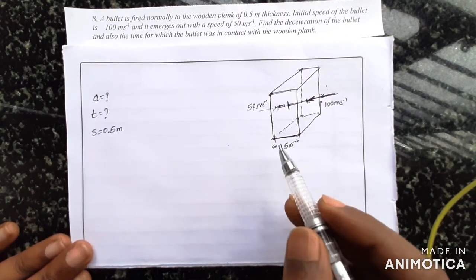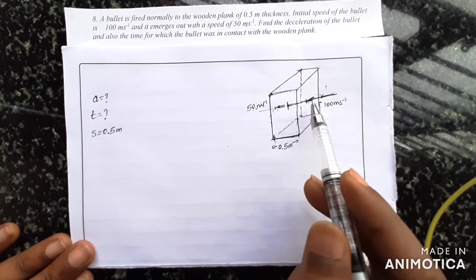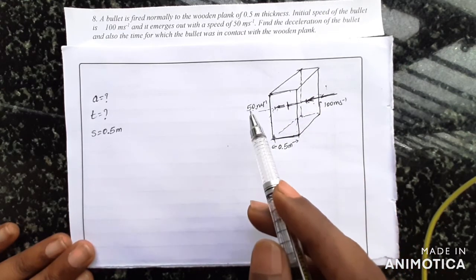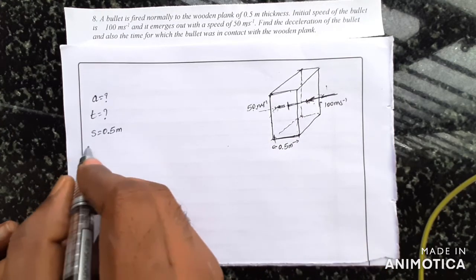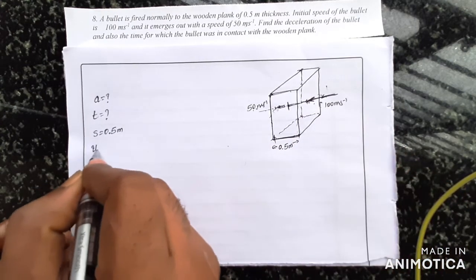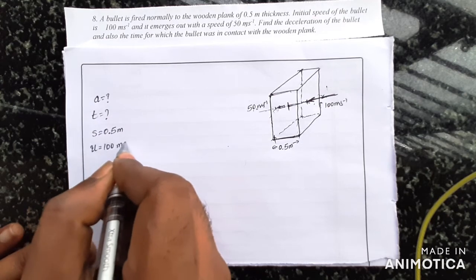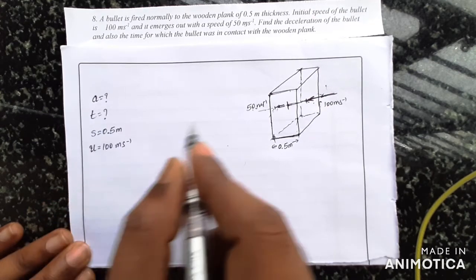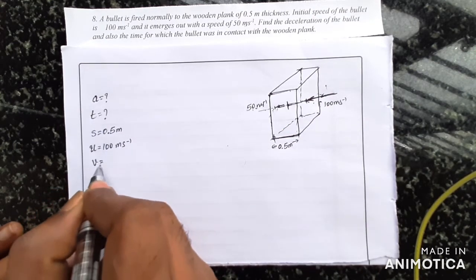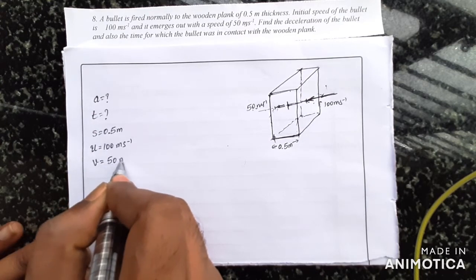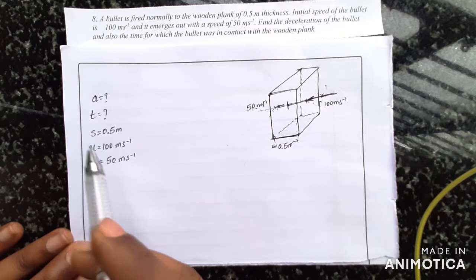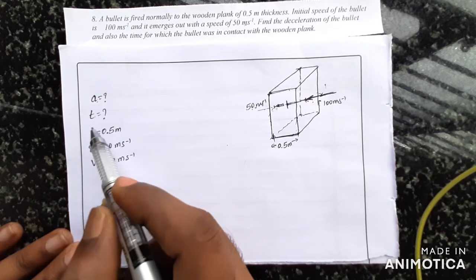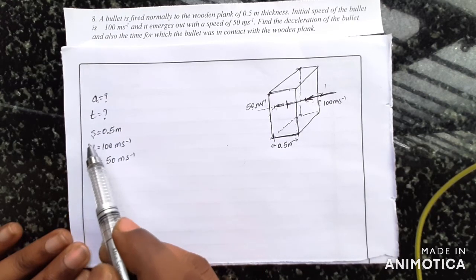And now you have displacement, initial velocity, and final velocity. u is equal to 100 meter per second. v is equal to 50 meter per second. So very simple. Now let us calculate a first. We have s, u and v.